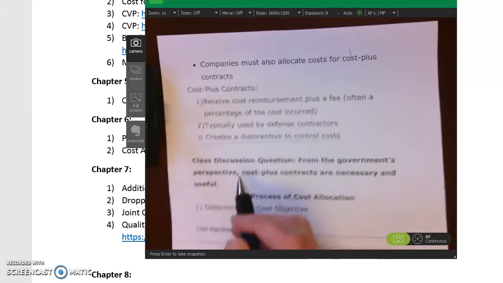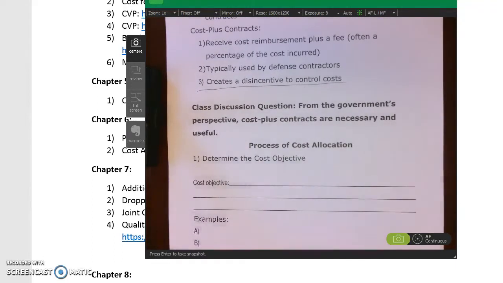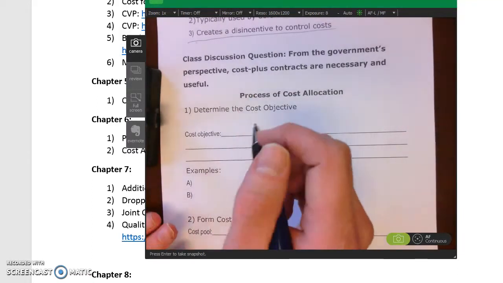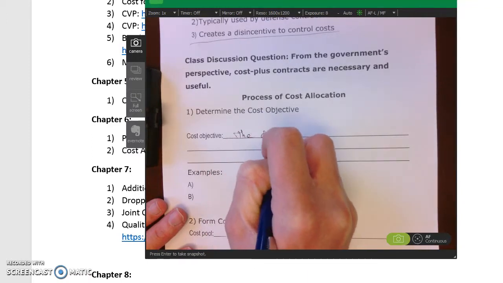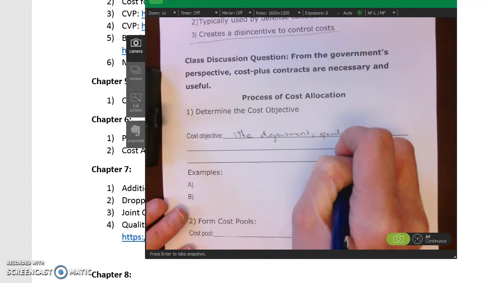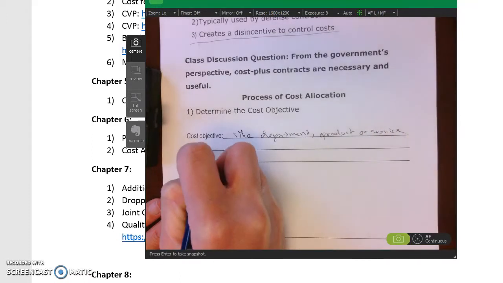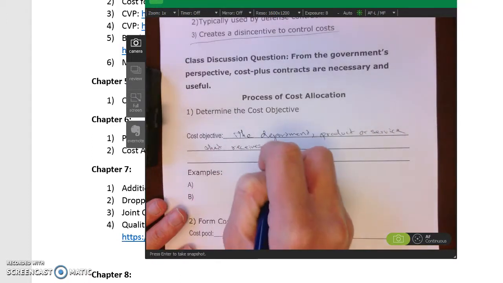Okay? This is a class discussion question that I will post up on Canvas, and so I'll let you tackle that then. In terms of the process of the cost allocation, the first thing that we're going to do is to determine the cost objective, and that is the department, product, or service that receives the cost.